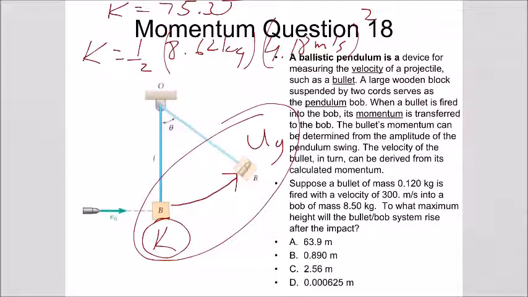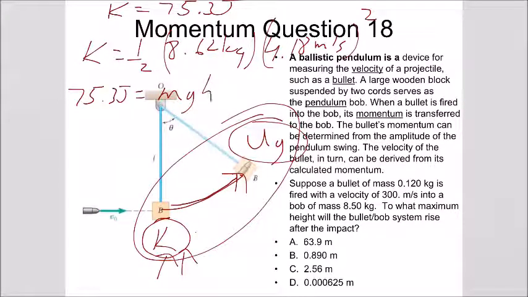So we're assuming that that's how much kinetic energy the bob has at this point right here. And that as the bob swings, all of that kinetic energy is converted to gravitational potential energy here. So we're going to say that 75.3 joules is equal to mgh, the formula for gravitational potential energy.